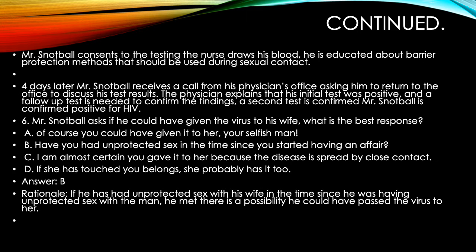And it is B because if he's had unprotected sex with his wife in the time that he has been having an affair, and unprotected sex with the man that he's met, there's a possibility that he could have potentially passed this virus to his wife, since we know that HIV is passed through contaminated bodily fluids like semen, blood, other bodily fluids like that.